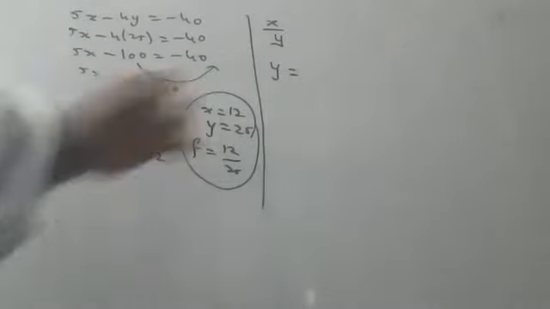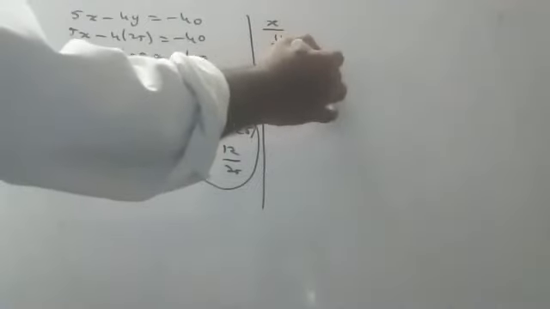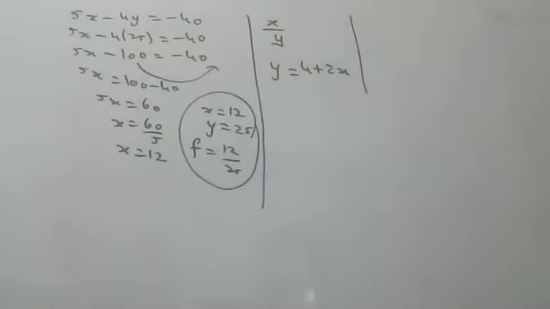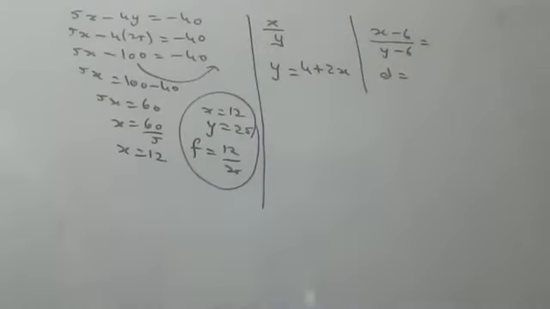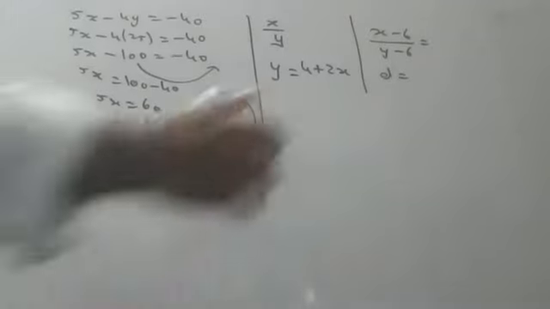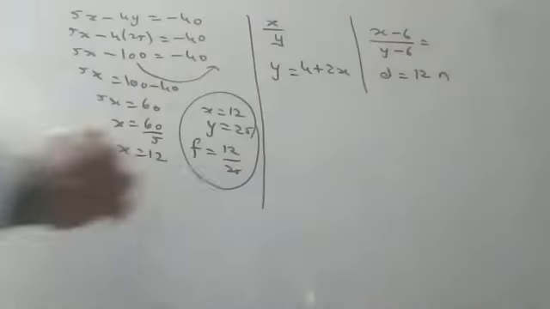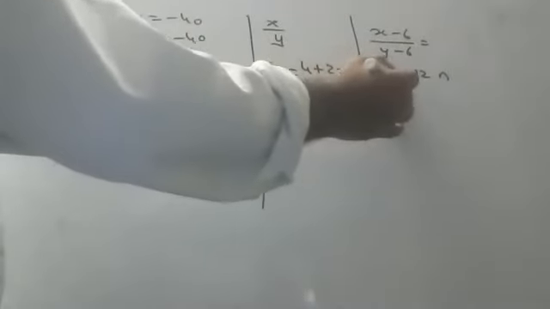When the numerator and denominator are decreased by 6, the numerator becomes x minus 6 and the denominator becomes 2x plus 4 minus 6, which is 2x minus 2. You are saying wrong. You have to say the denominator becomes 12 times the numerator. You have to say like this: y minus 6 is equal to 12 times x minus 6.